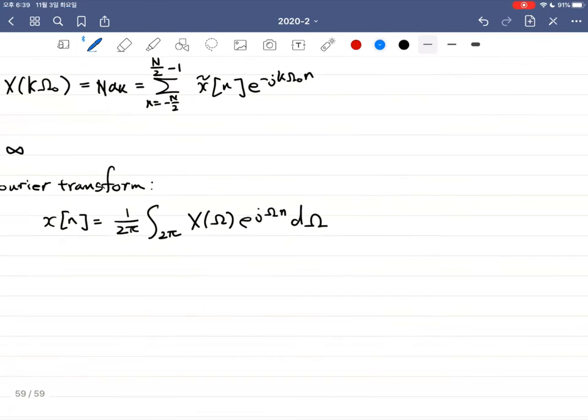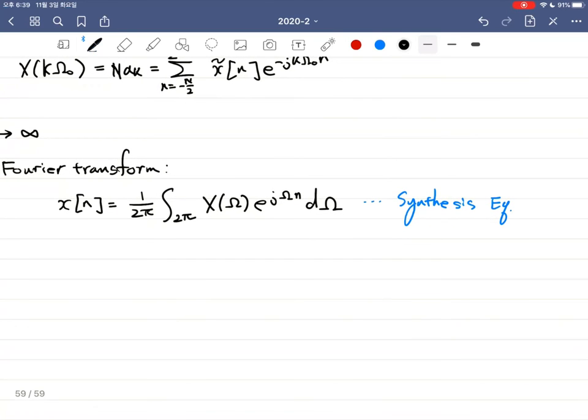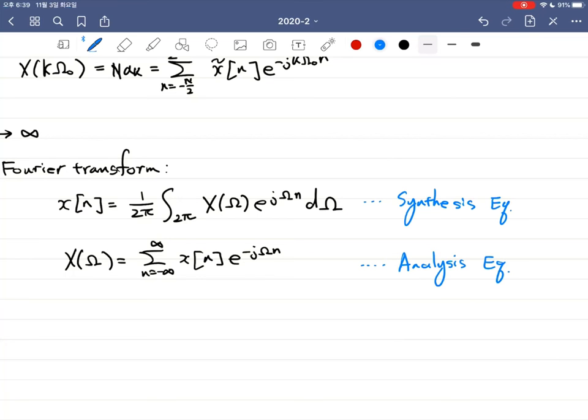This is the synthesis equation for the Fourier transform of discrete time. And of course there is an analysis equation, which obtains large X of omega. This is the summation from minus infinity to plus infinity of xn with e to the minus j omega n. So this is the analysis equation.